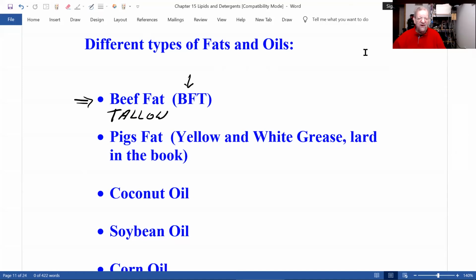And the highest grade here, which you don't have to know, is BFT, which stands for bleachable fancy tallow. That's the best grade. Now, pig's fat is called yellow and white grease.